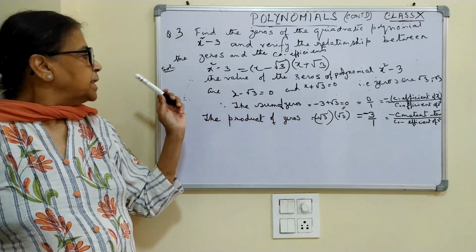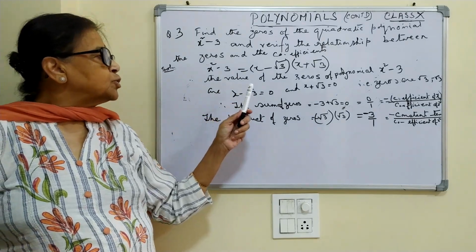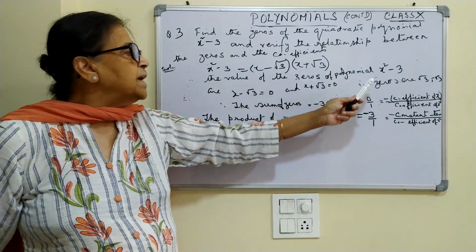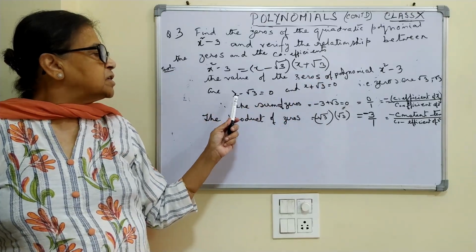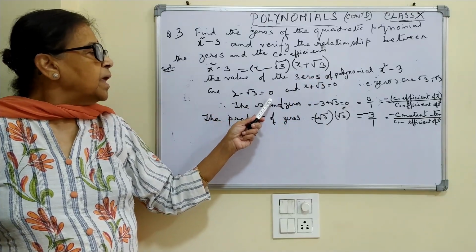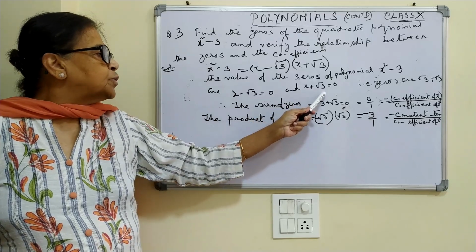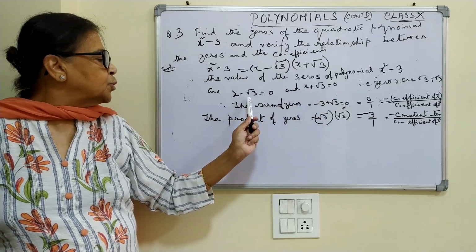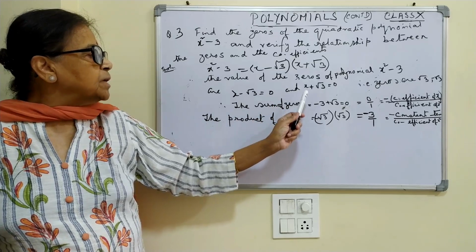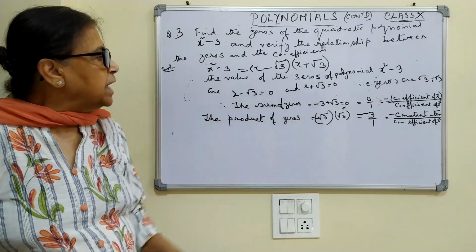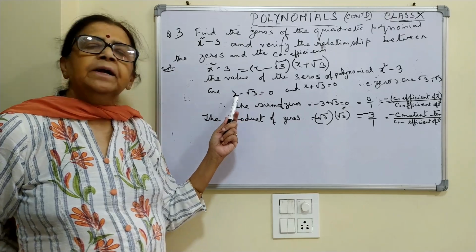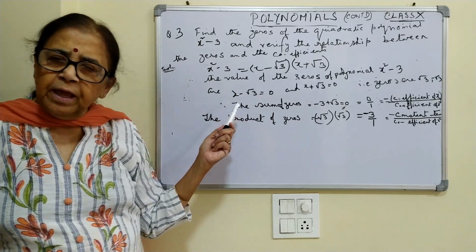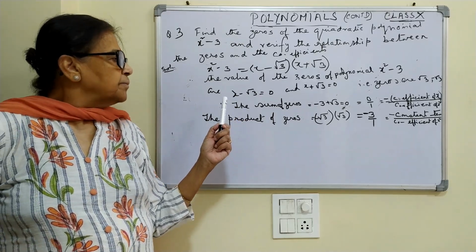Therefore the zeros of the polynomial x square minus 3: x minus root 3 is equal to 0 and x plus root 3 is equal to 0. Therefore, the zeros are root 3 and minus root 3.